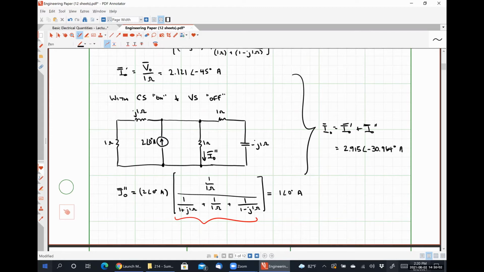So that's one method by which we could solve a circuit like this.